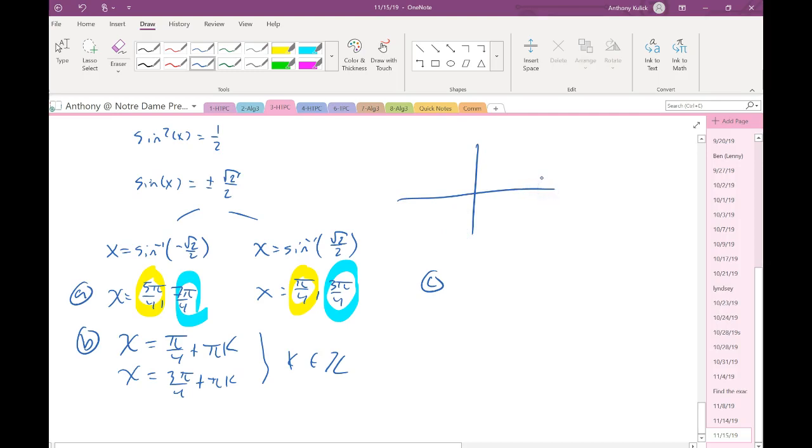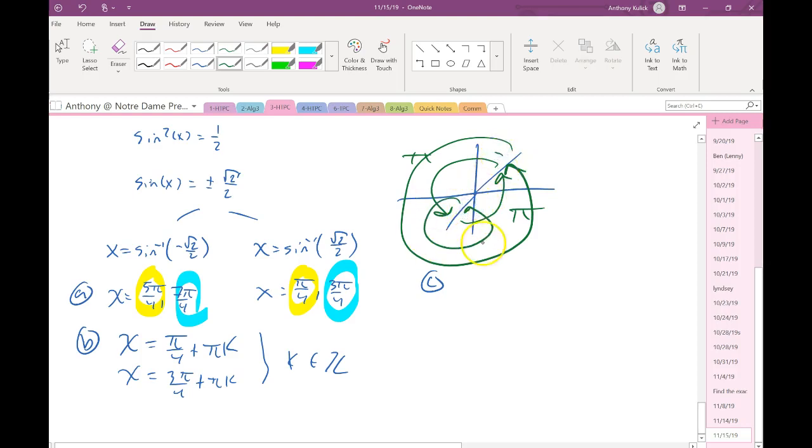So we have π/4 and 5π/4. And the distance between those two solutions is pi units either way. So instead of going 2 pi to get here and then doing 2 pi to get there, I can just do pi to get there and then 2 pi back, or another pi back, you know what I mean, Miguel?